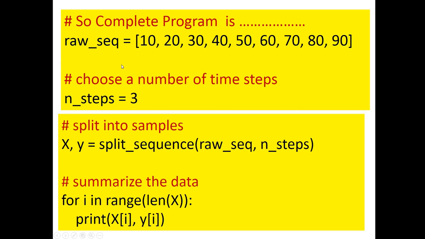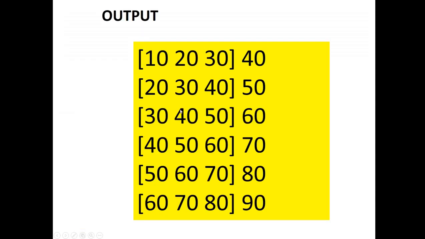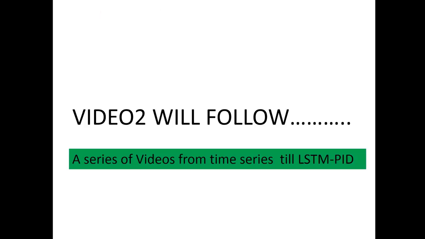Finally, as I explained earlier, the entire program calls this function split_sequence. The number of steps you define, in our case it's 3, and this is basically to print out the data. So the output looks like this. The data preparation has been done, and this is how you do it.